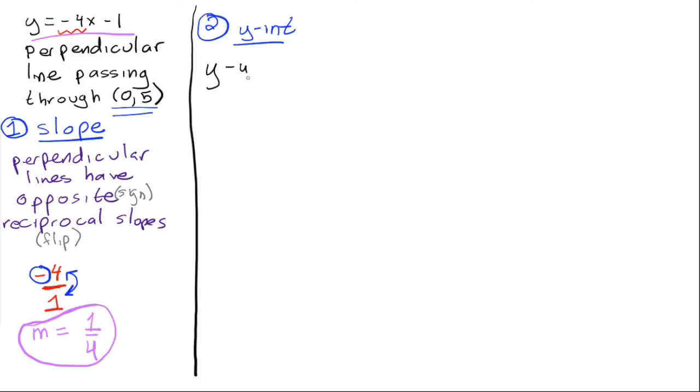We have y minus y1 equals m times x minus x1. Then we have the slope. The slope is +1/4.